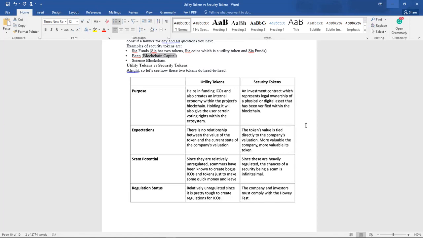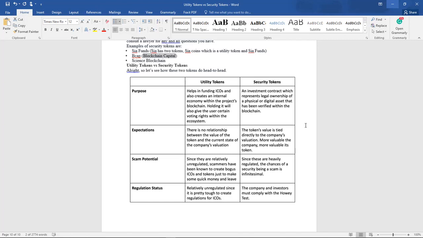So we were looking at expectations, and we said that there is no relationship between the value of the token and the current state of the company's valuation. On the other hand, for security tokens, the token's value is tied directly to the company's valuation.